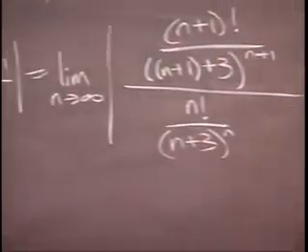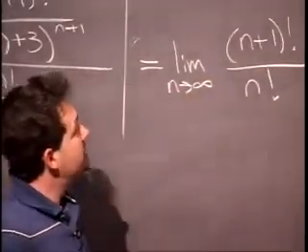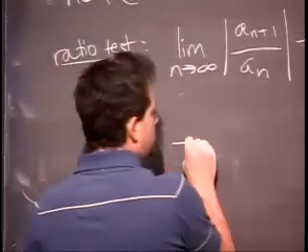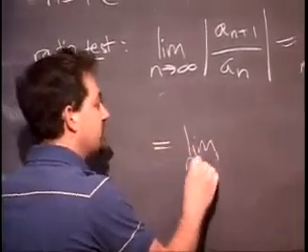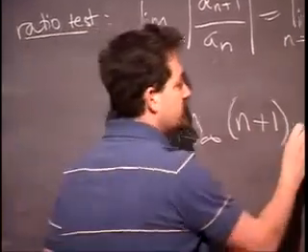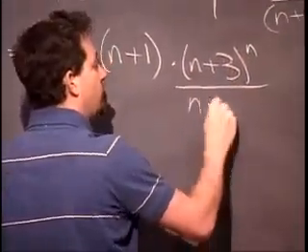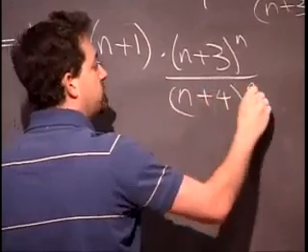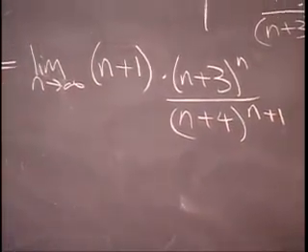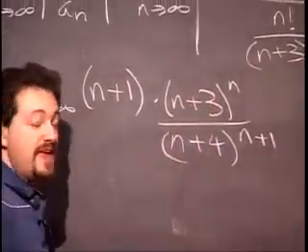One thing I can do is apply my factorial trick. Earlier I did n factorial over (n plus 1) factorial. This is just the reciprocal, and I'll leave it to you. It's not too hard to see, using the same trick, that you get n plus 1. But unfortunately, we still have (n plus 3) to the n over (n plus 4) to the n plus 1. How are we going to deal with this? It's pretty messy. Well, it would be really lovely if both these powers were n.